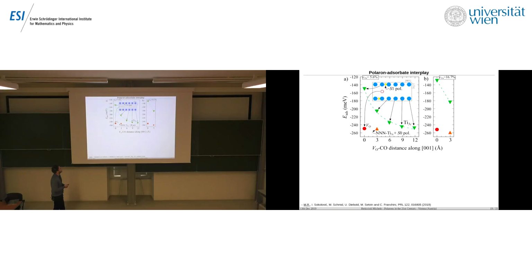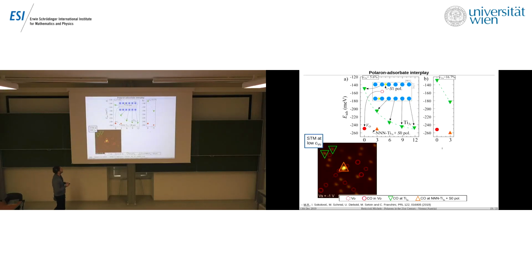And in fact, you see that at low coverage, we still have oxygen vacancies, a low concentration of oxygen vacancies, and we still have a lot of weak spots, which correspond to having no surface polaron below our CO molecule.